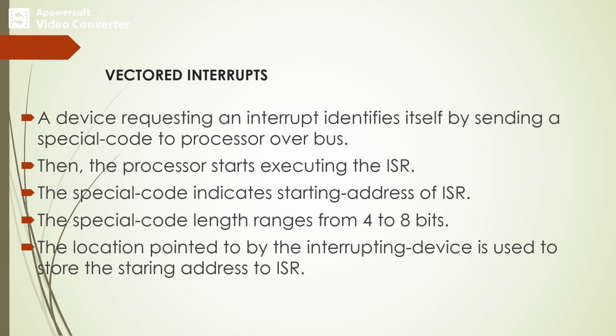Next is vectored interrupts. A device requesting an interrupt identifies itself by sending a special code to the processor over the bus. Then the processor starts executing the ISR. The special code indicates the starting address of the ISR, and its length ranges from 4 to 8 bits.